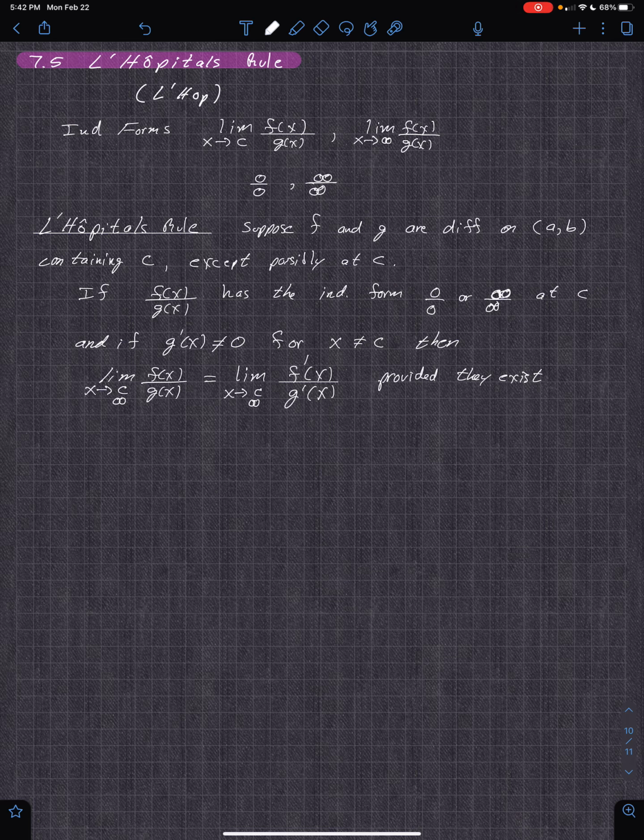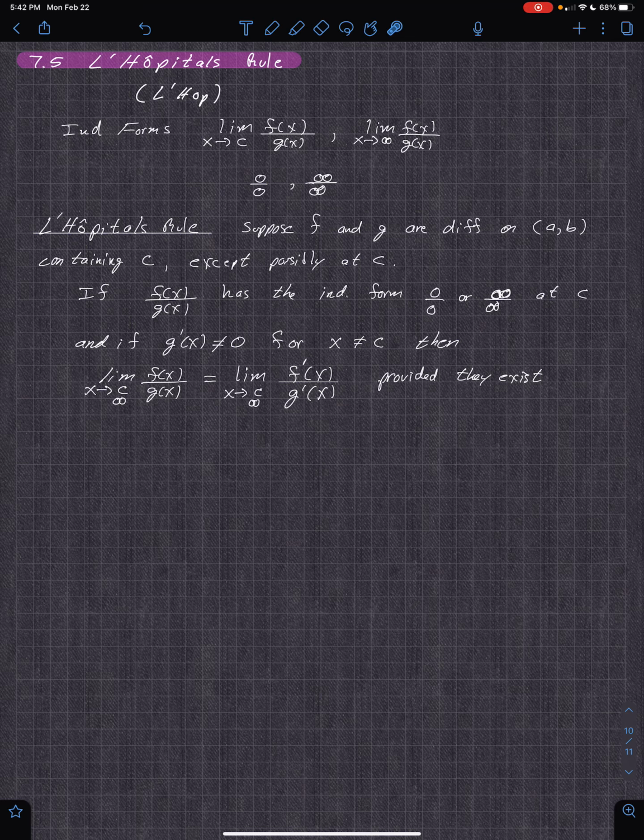So you do not apply the quotient rule to this numerator and denominator. You just take the derivative, top and bottom, separately. So it's kind of an interesting result.